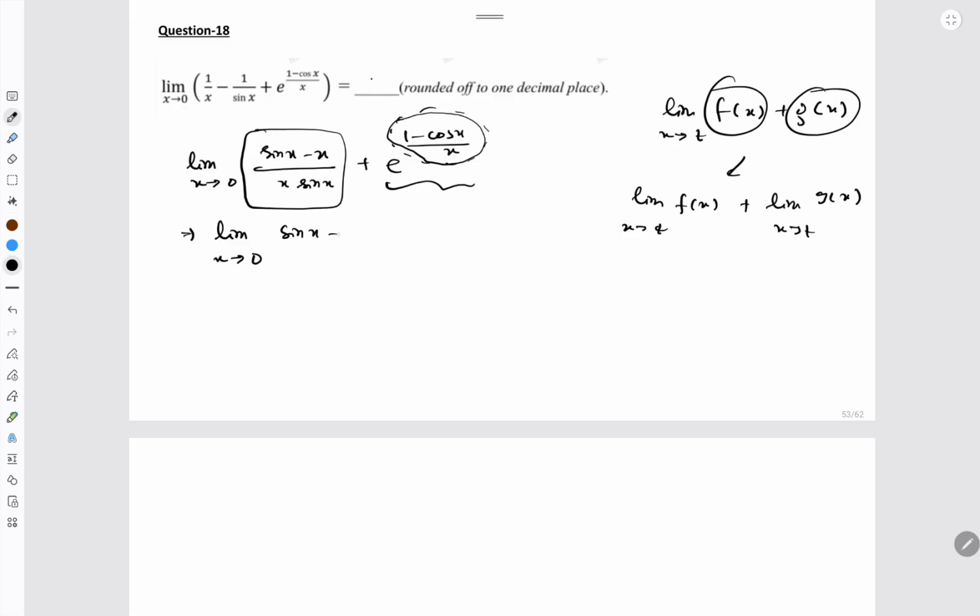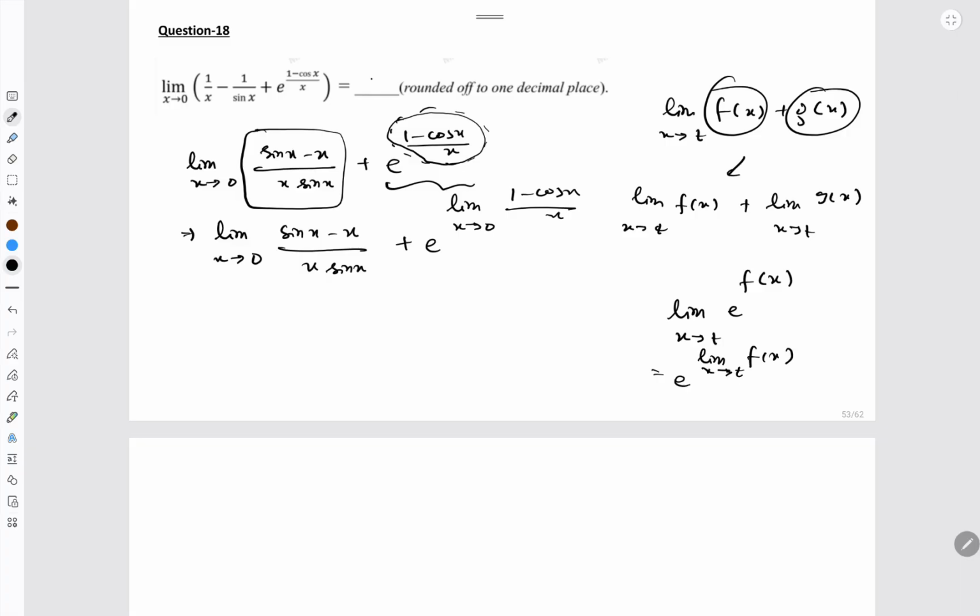So limit x tends to 0 of (sin x minus x) by x sin x, plus e raised to the power limit x tends to 0 of (1 minus cos x) by x. We know that limit x tends to t of e raised to the power f of x is basically e raised to the power limit x tends to t of f of x, because x going to t has nothing to do with e.